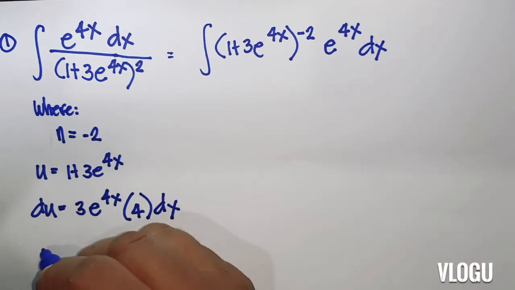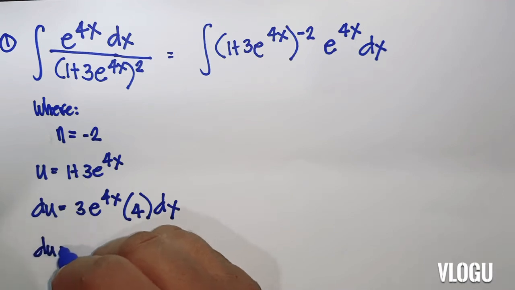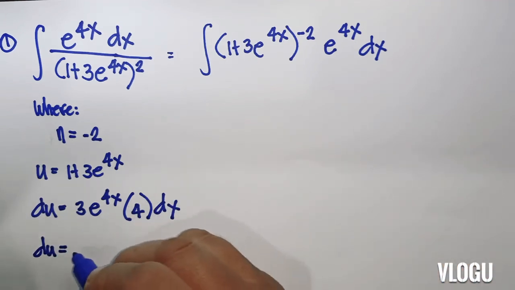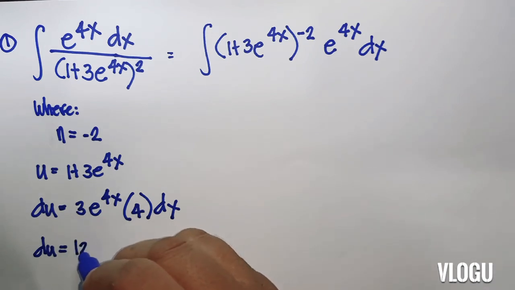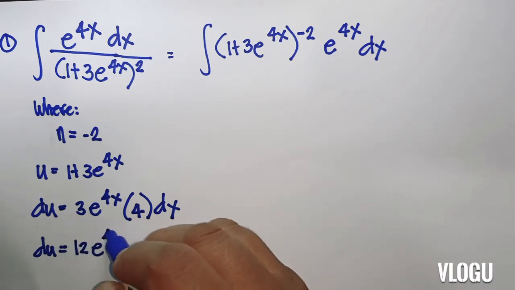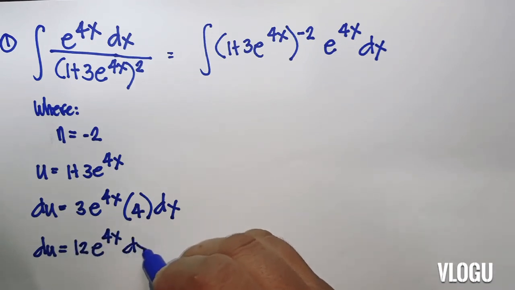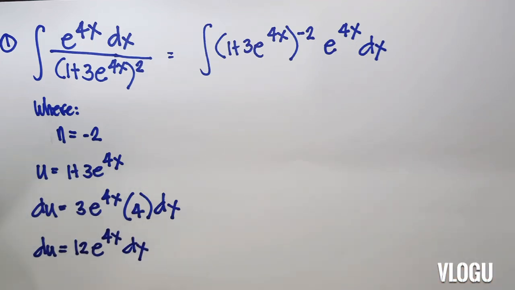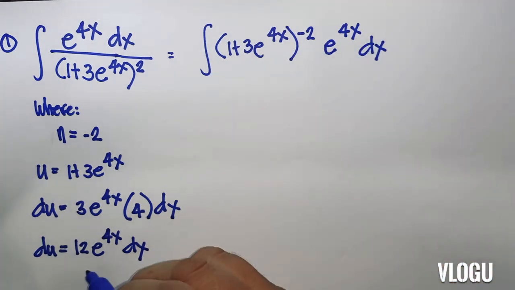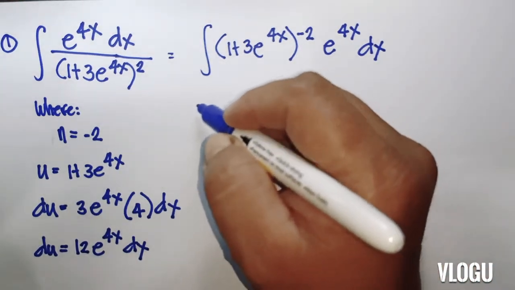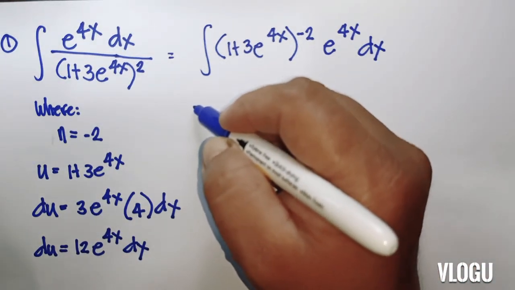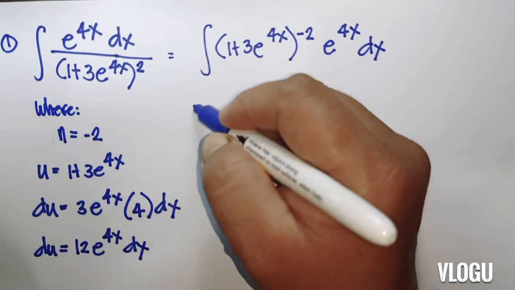That's the reason our du is equal to 12e to the 4x dx. So with that, our du is equal to 12e to the 4x dx. So we can now continue solving our problem.